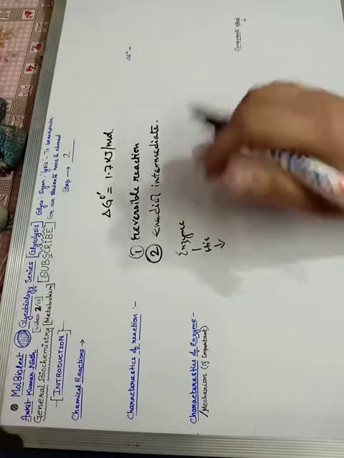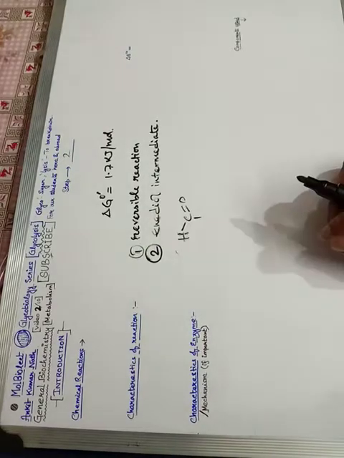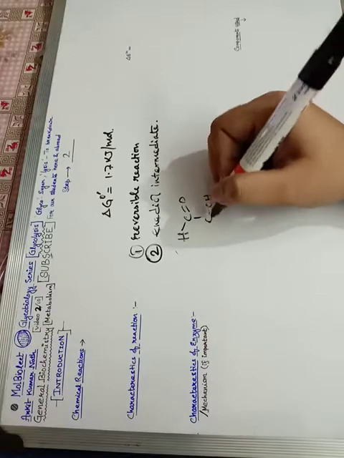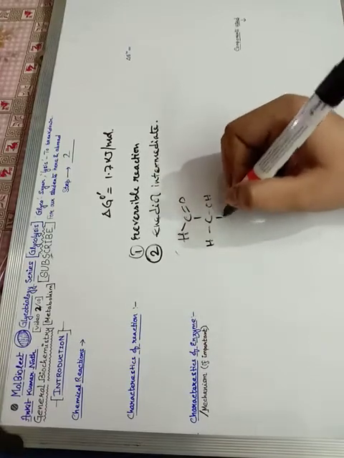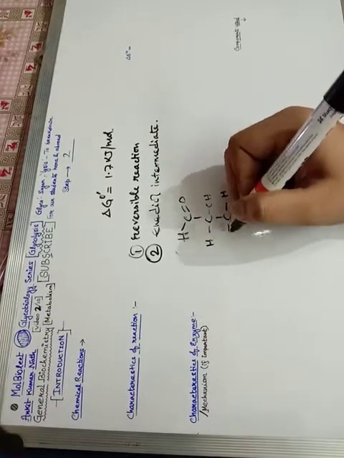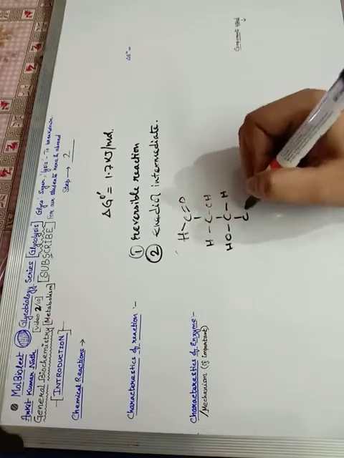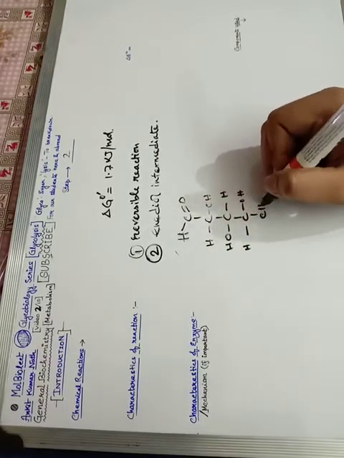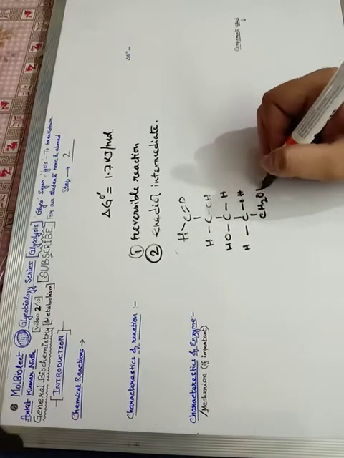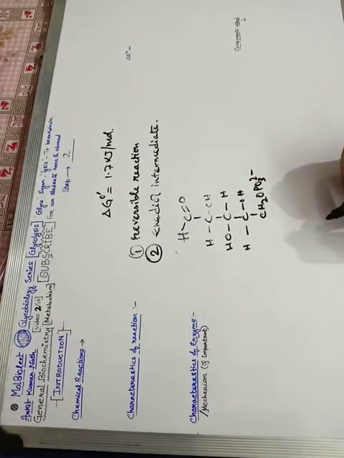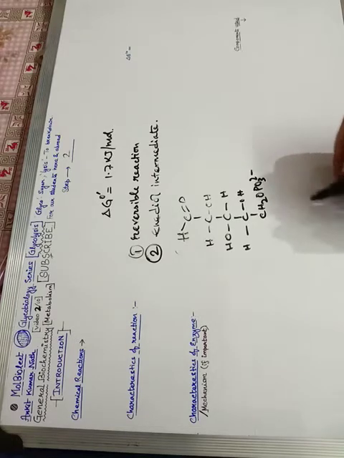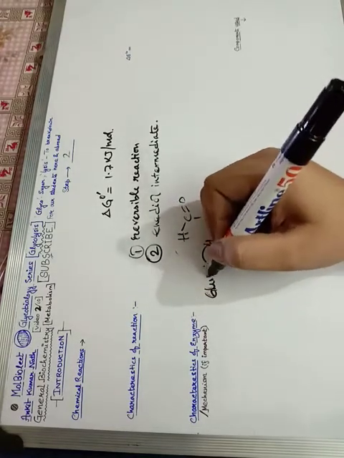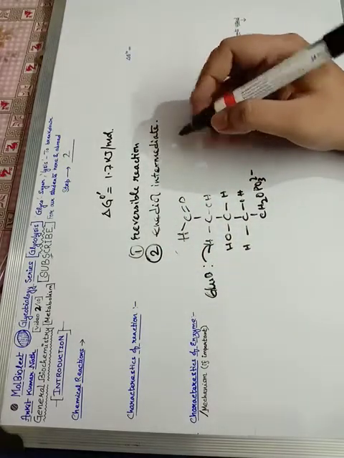Let me show you that. This is how it does. This is a structure I am drawing. First of all it is attacked by a lone pair in the enzyme's glutamine residue.